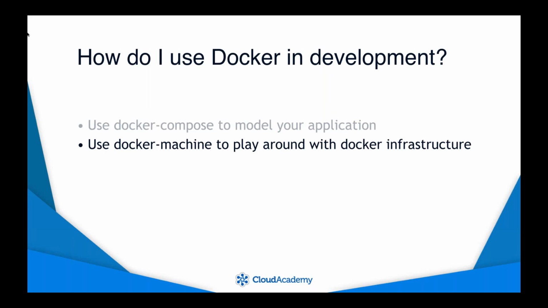Now, if you're not quite ready to make the dive into configuring all sorts of production infrastructure, maybe you just want to have, say, a Docker Swarm cluster for playing, you can use Docker Machine. Docker Machine is a first-party tool written by Docker Inc. that allows you to create Docker hosts. A Docker host is a machine running the Docker daemon.